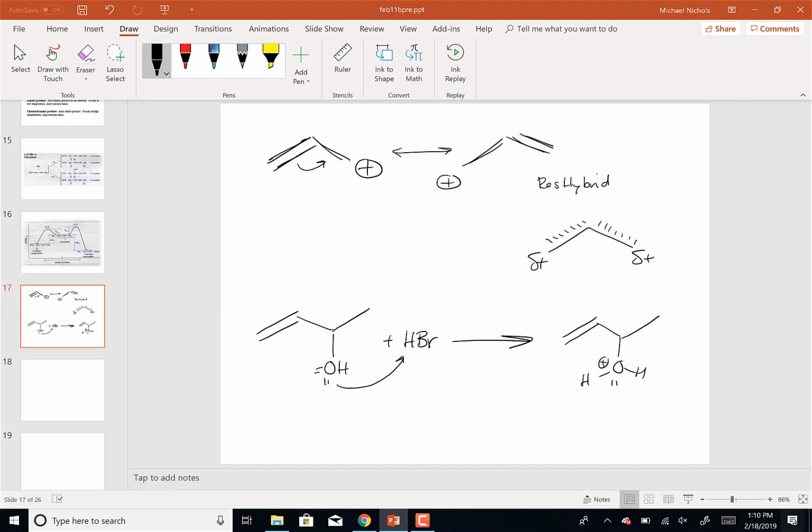Okay, what happens next? Water leaves. What kind of mechanism am I doing?